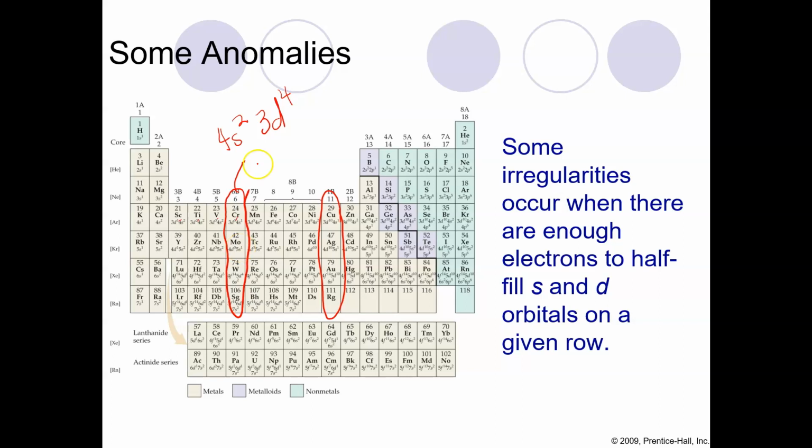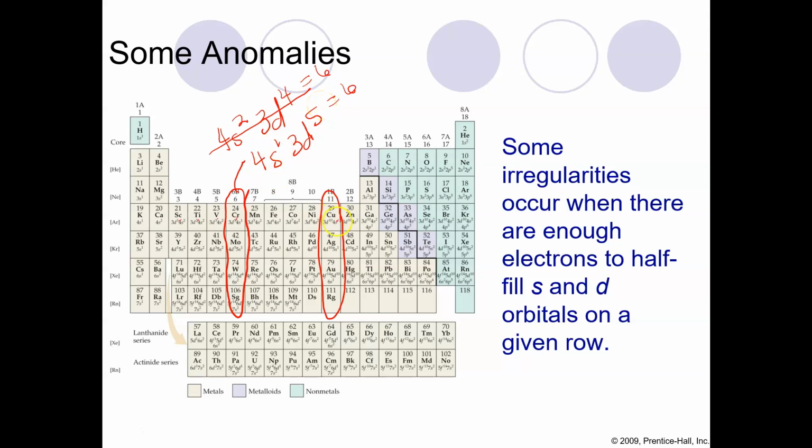Okay, but what it shows is that in real life, it does 4s1, 3d5. Now, if we count, 2 plus 4 equals 6. 5 plus 1 equals 6. So they have the same number of electrons. It's just that one of the 4s electrons moved over to the 3d's.